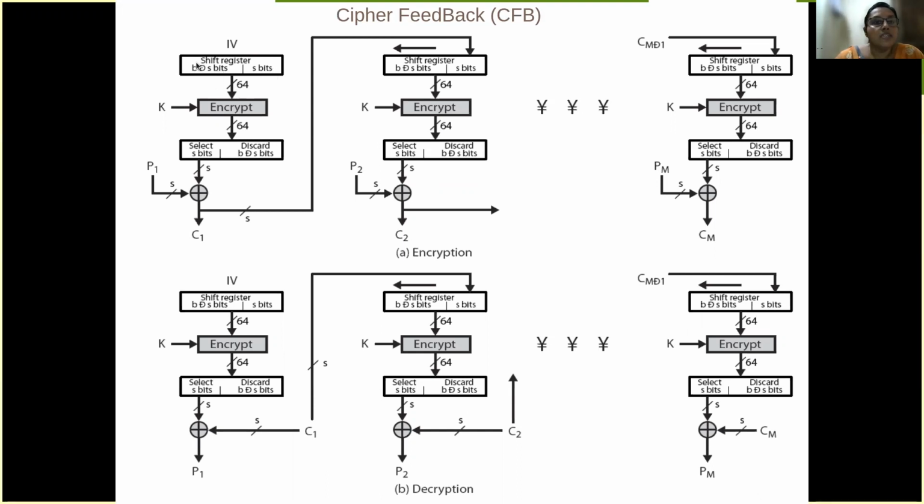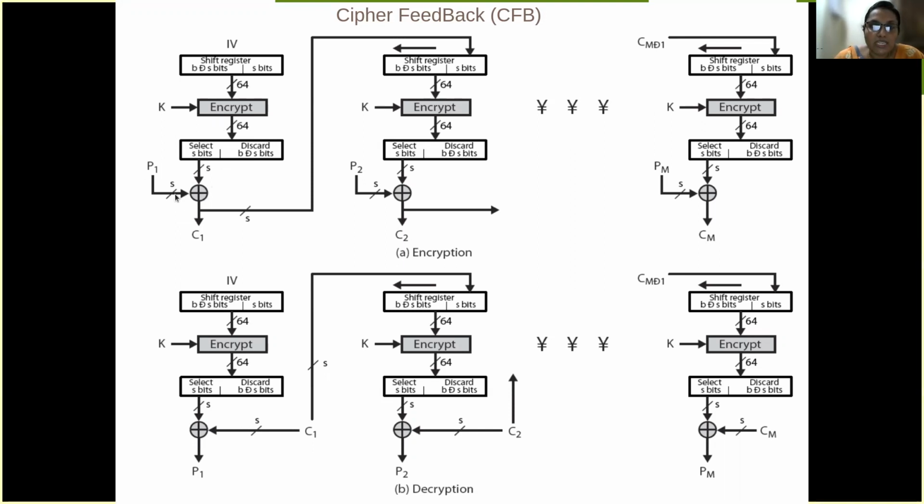The 64 plus S bit value is the IV value, and the left-side 64 bits are being encrypted with K, and that 64 bits is given as input. Only the first S bits of this 64 bits are taken for the plain text to be XORed.